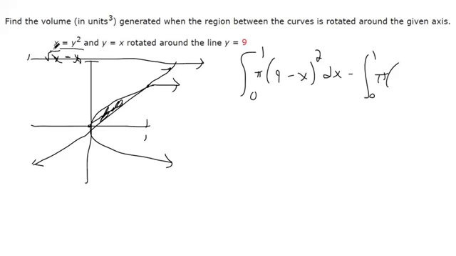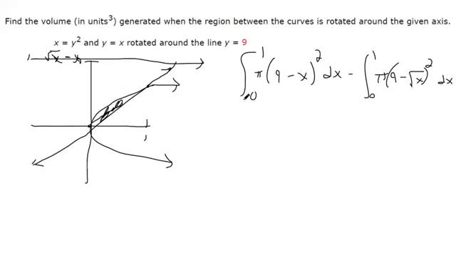This formula will tell us the distance between y equals 9 and this curve. It's our radius for each of those cylinders that we're drawing, because we want to know the y distance from here to here. The biggest y distance is right at the start, the origin, where it's 9. But it keeps getting smaller. We have to keep subtracting the y distances defined by the x equals y squared curve.